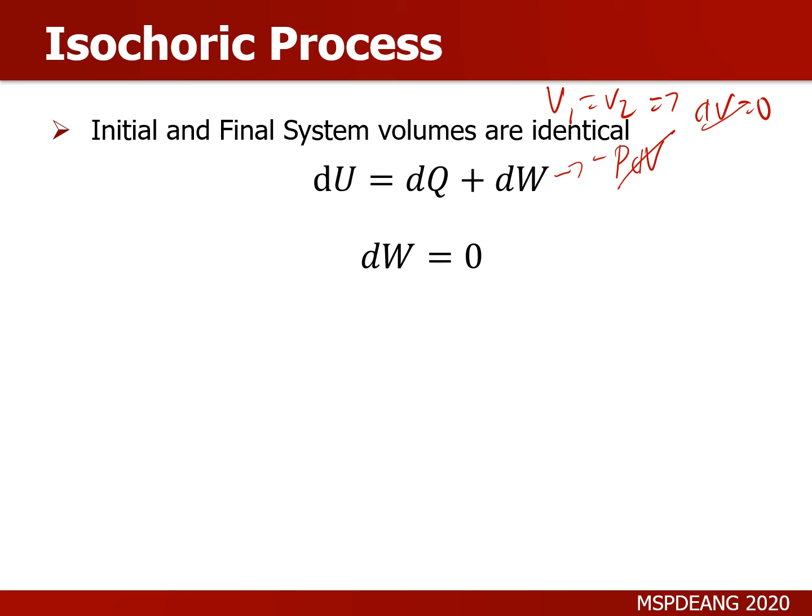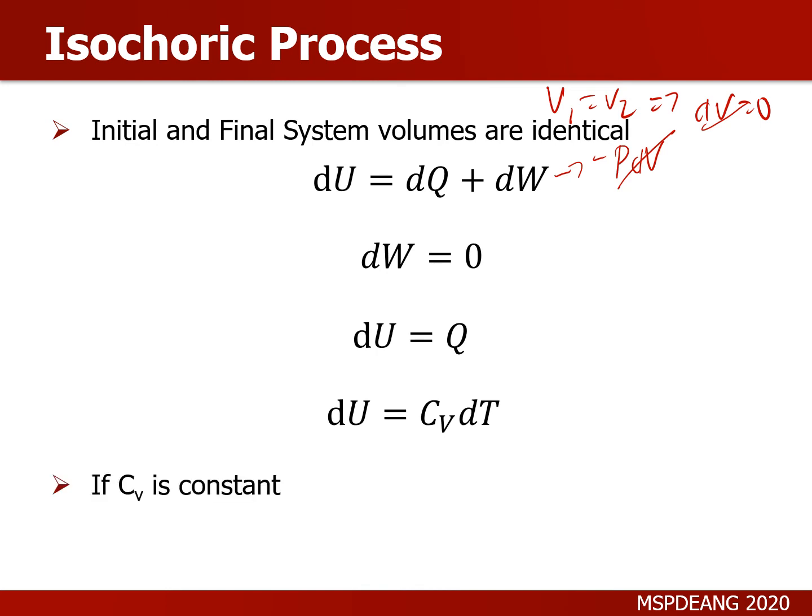Thus, our energy balance will reduce to dU is equal to Q. And we know that dU is equal to Cv dT. And assuming Cv is constant, therefore, the energy balance for an isochoric process is simply delta U is equal to Cv delta T, which is also equal to Q, the heat transfer.